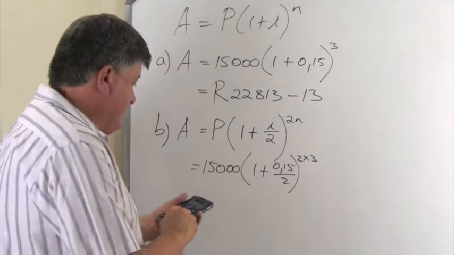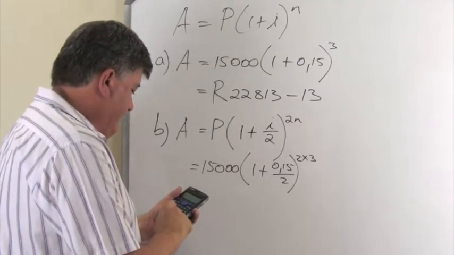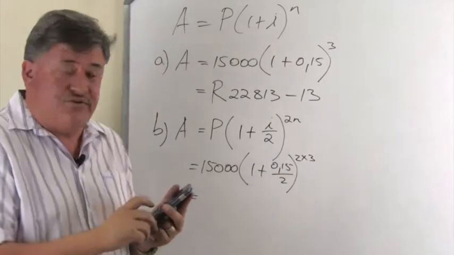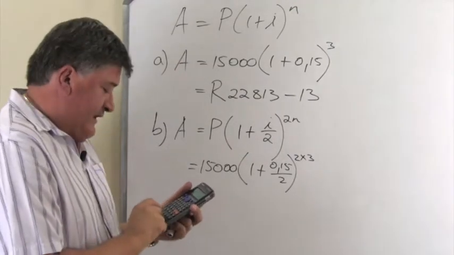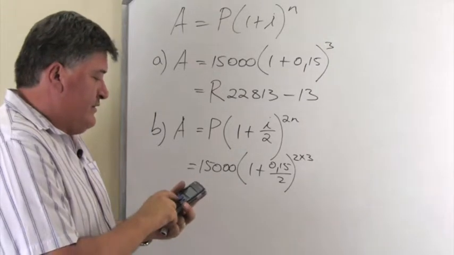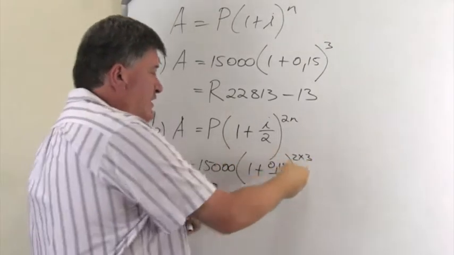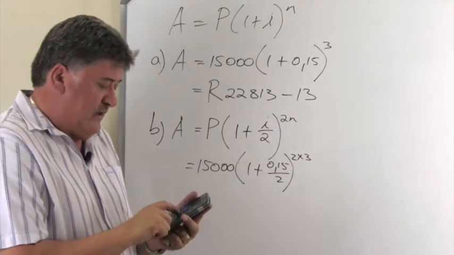So same thing as what we did, 15,000 Rand. Only difference now is we divide now the 0.15 over 2, so you just use your fraction button. So you say 1 plus, I use my fraction button, 0.15 in the numerator, 2 in the denominator. You close the bracket, and your exponent, you may put in your 6 straight away.